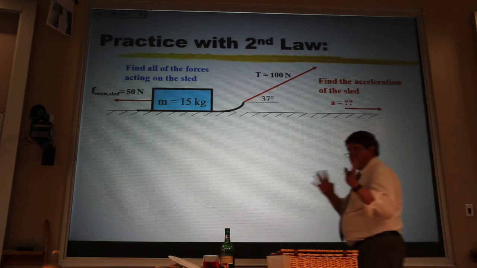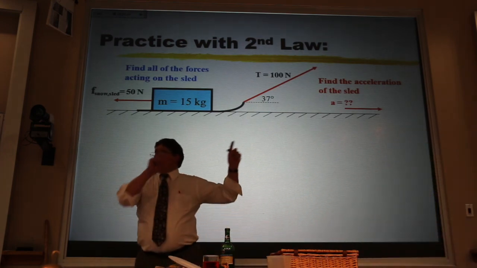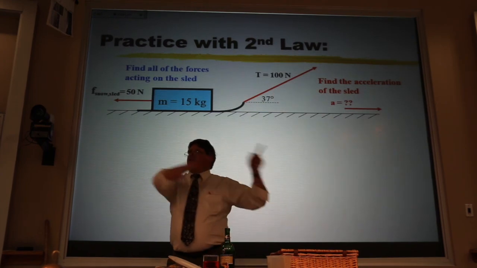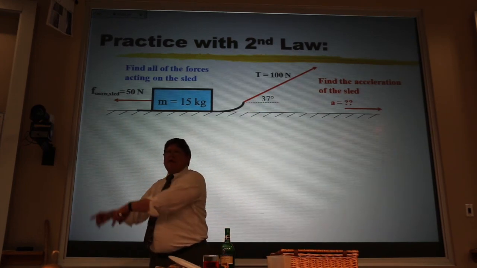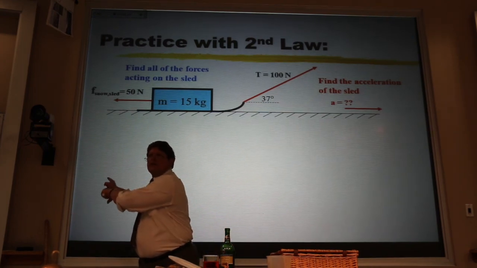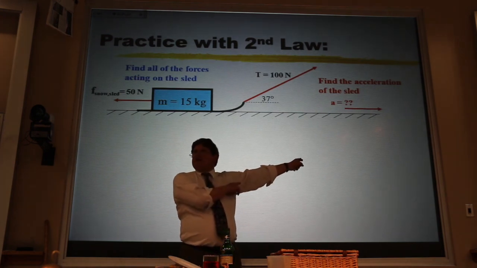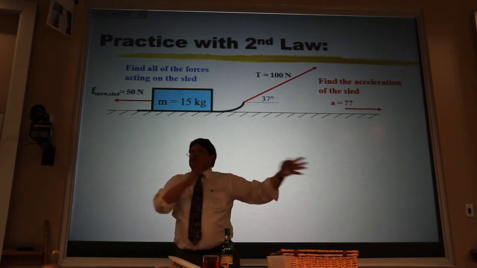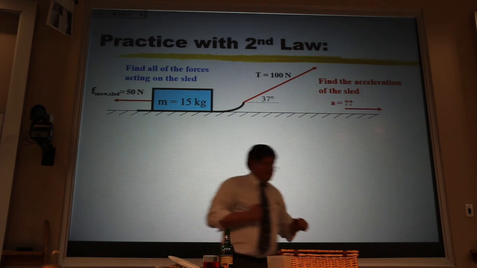Now I want you to appreciate something. Last time I gave you the acceleration and asked you to find the forces. This time I tell you enough about the forces that you can find the acceleration. You can use that translator both ways.